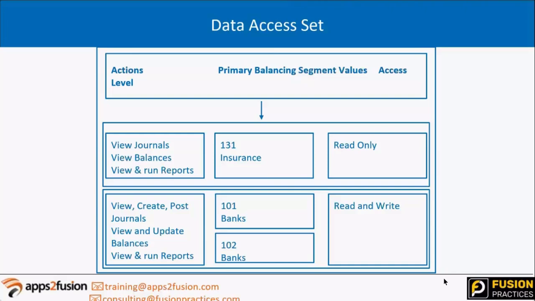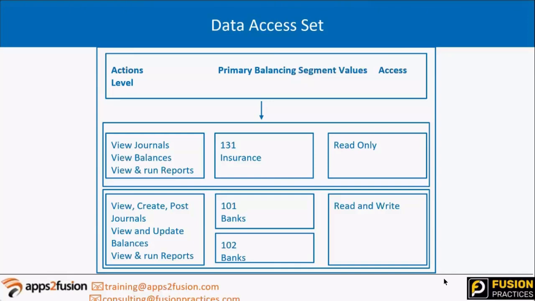Let's say for example you have certain primary balancing segment values, and on a specific balancing segment value you want to just give read-only access. So people cannot post journals for that specific balancing segment value.